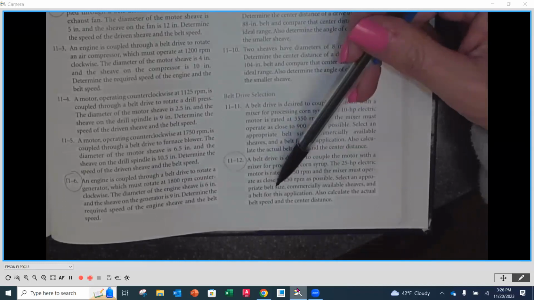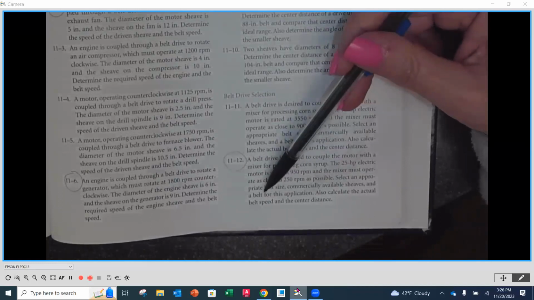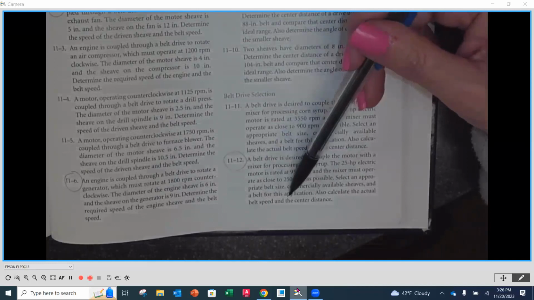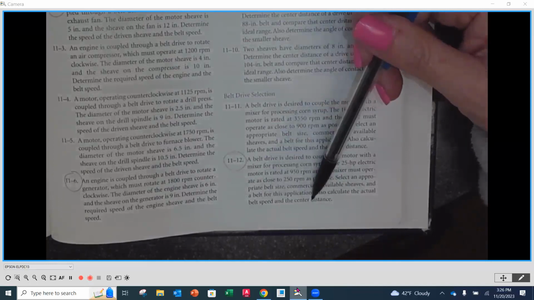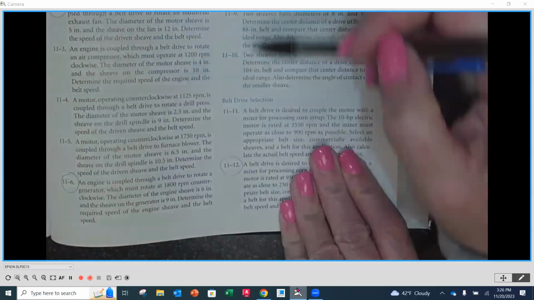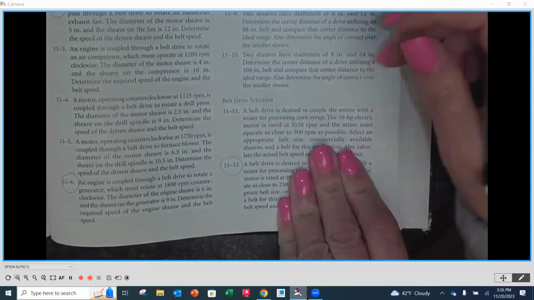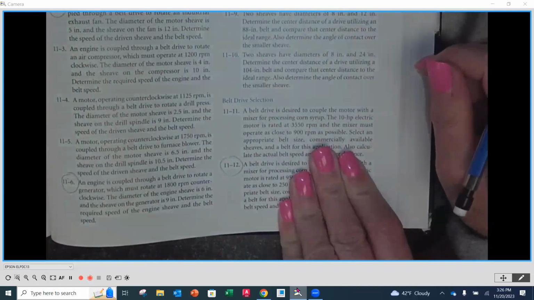Select an appropriate belt size, commercially available sheaves, and a belt, so that's with the length for the application. Also calculate the actual belt speed, that's VB, and the center distance, C. Okay. So 1, 2, 3, 4, those are going to be your belt problems. All right. A couple smaller ones. And then this one's going to be more like that last, full blown.